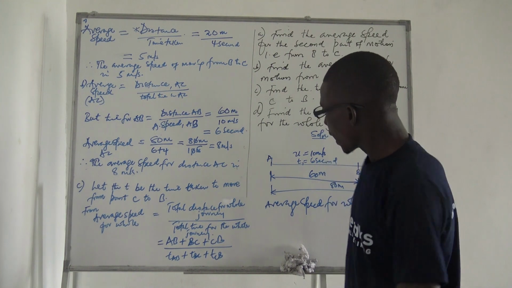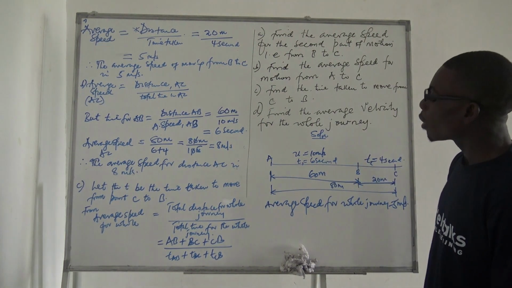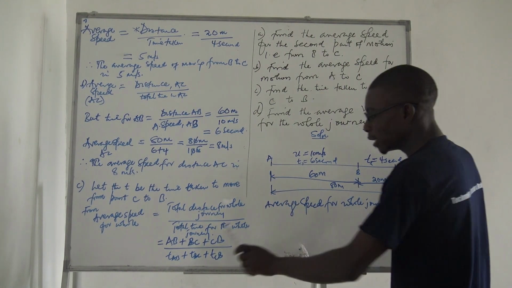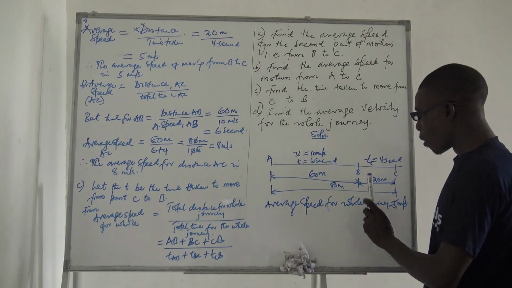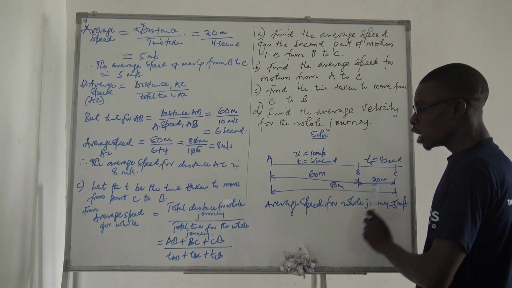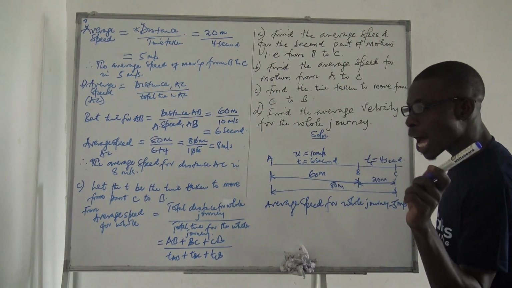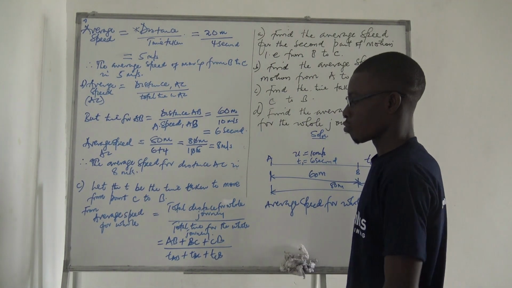And the total time for the whole journey would be the time taken to move from A to B, that is TAB, and the time taken to move from B to C, that is TBC, and then the time to move back from C to B, that is T.